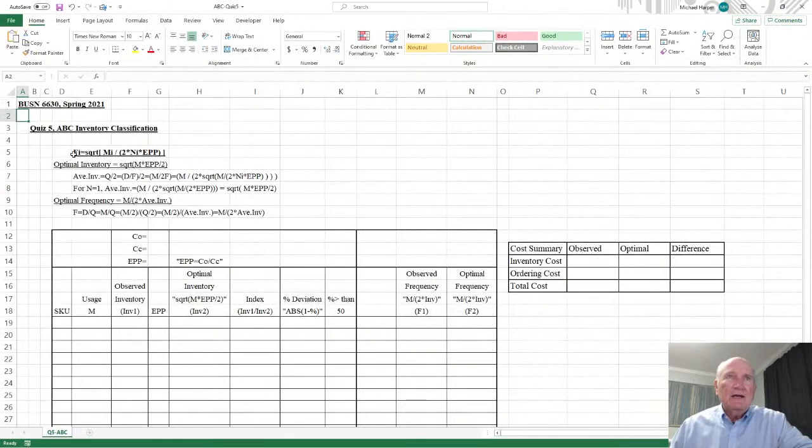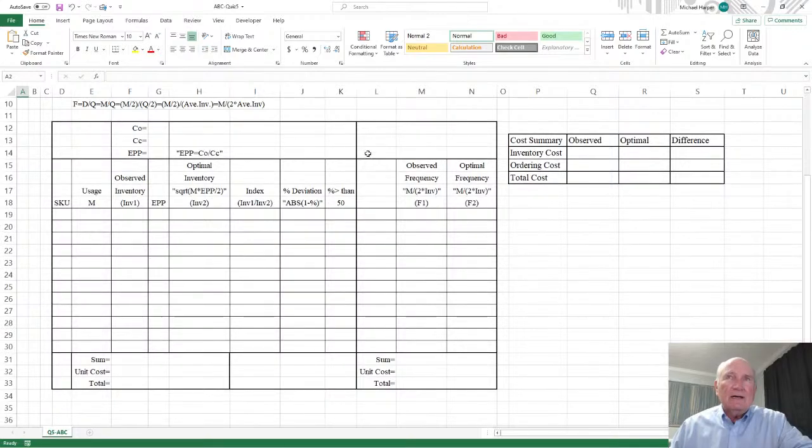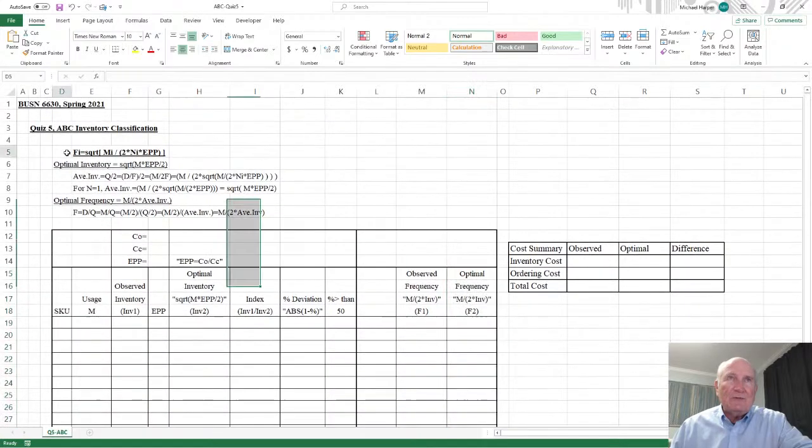Notice what I've done here. In this Excel, I've already typed in a template, and this is what we'll be using. On the optimal inventory and the optimal frequency, I have some equations, and these equations came from this development. First of all, it came from this equation here.